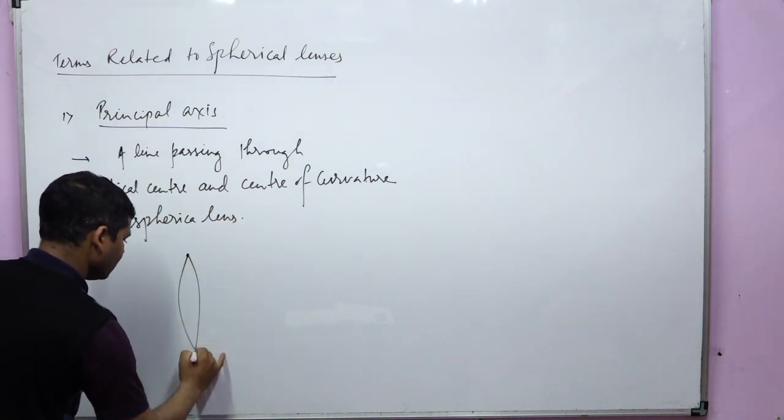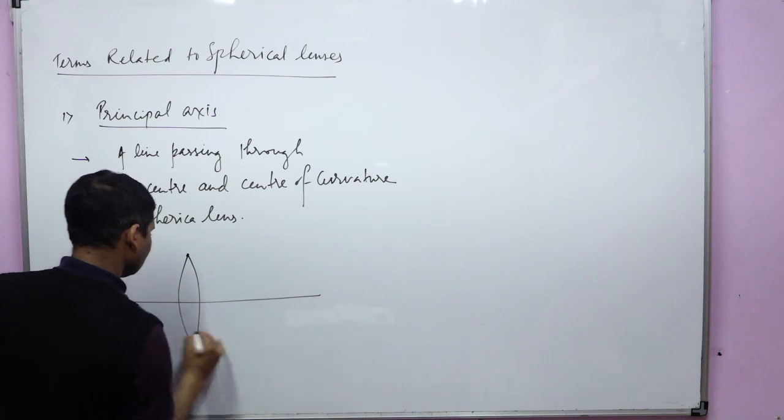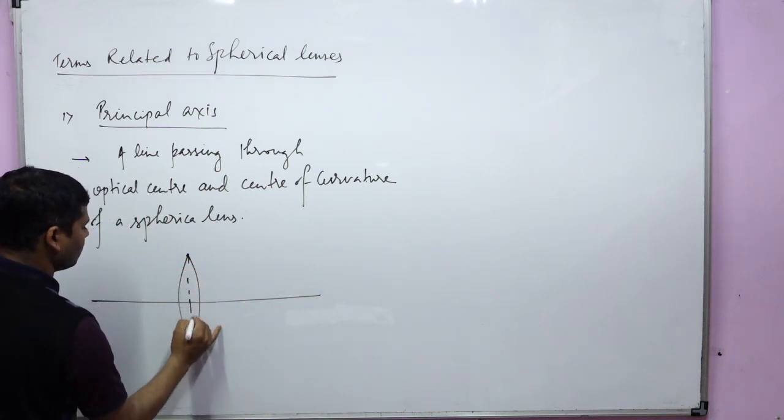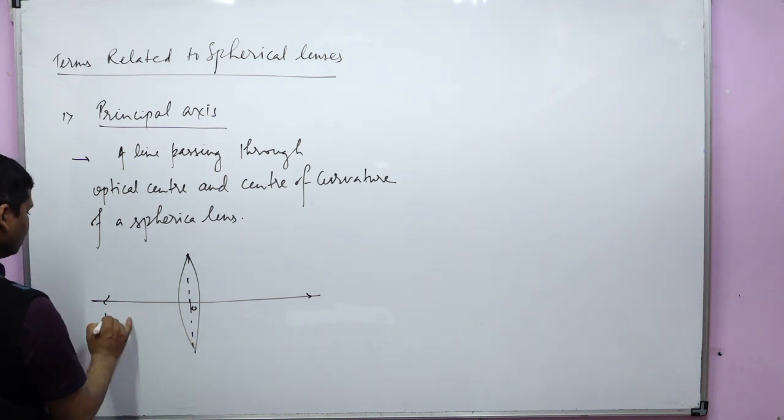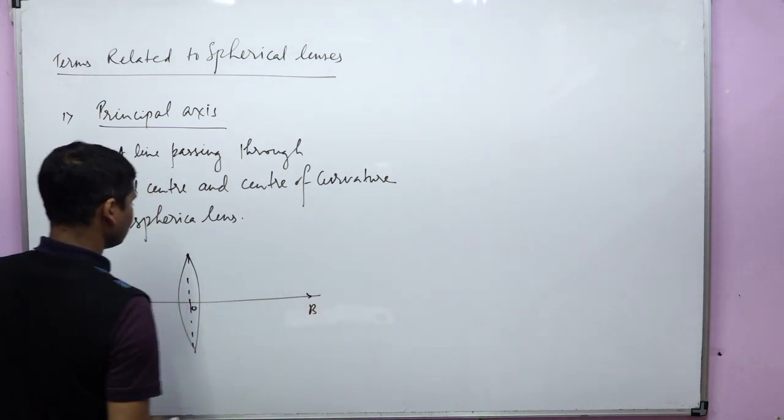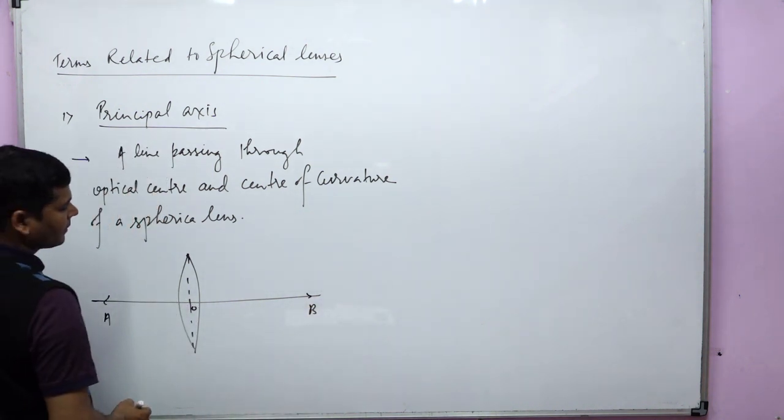Let us say this one is a biconvex lens. So the line passing through is this. So this one will be considered principal axis.